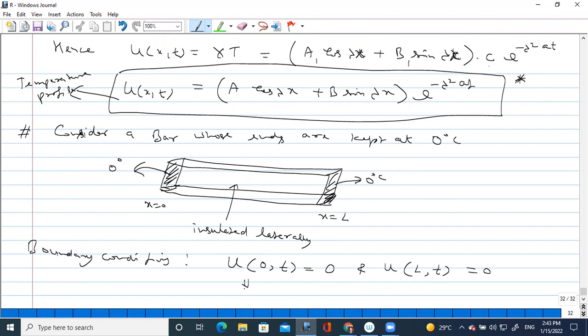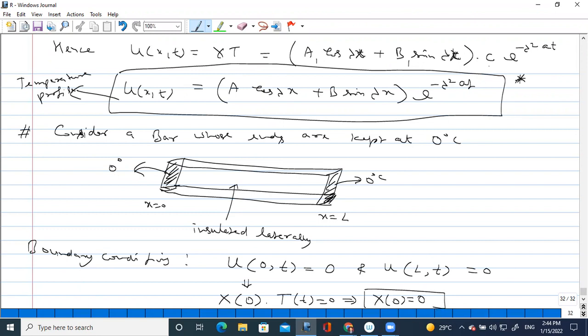Now with this condition you can find that X(0) into T(t) will be equal to 0. This implies X(0) will be 0. So this is your actual boundary condition.